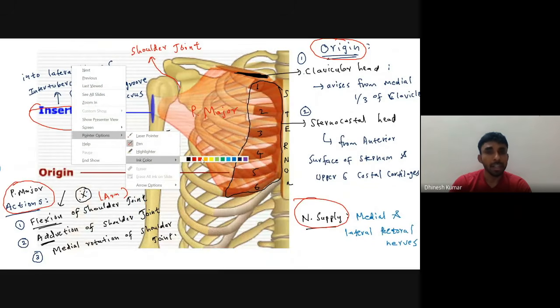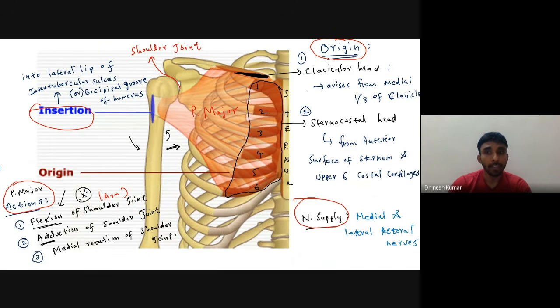So see this diagram again. What is the origin of the pectoralis major as we studied just now? The clavicular head arises from the medial 1/3, or some books mention medial half of the clavicle, whatever. What about the sternocostal head? It arises from the anterior surface of the sternum bone and upper 6 costal cartilages.